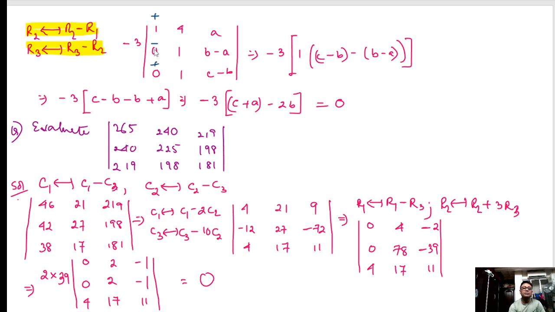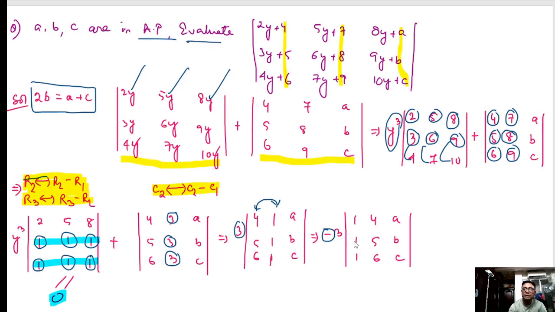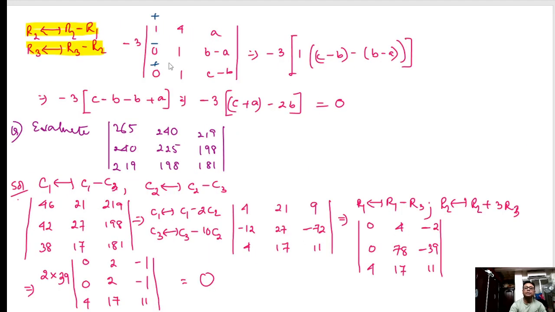Then R3 was 1, R2 was 1, so 0 again. So we are having 1, 0, 0, and please note here, whenever you can make 1, 0, 0, expand with that row or column.